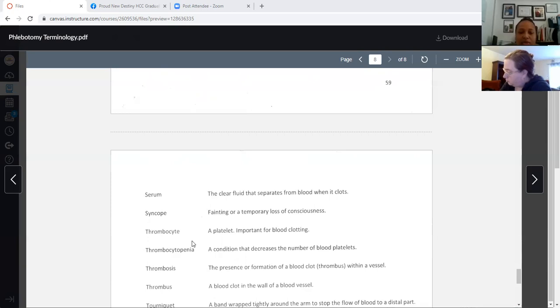So it's always important to ask the patient, have you ever fainted before or when you got your blood drawn? So that way you'll know what to do with them. Why is it important to ask the patient if they've ever fainted before? So you know the right precautions to take if they're going to faint.